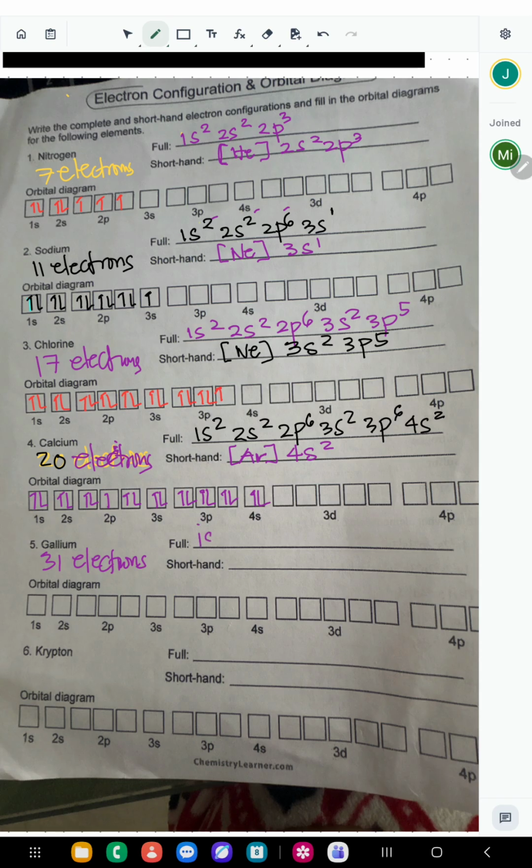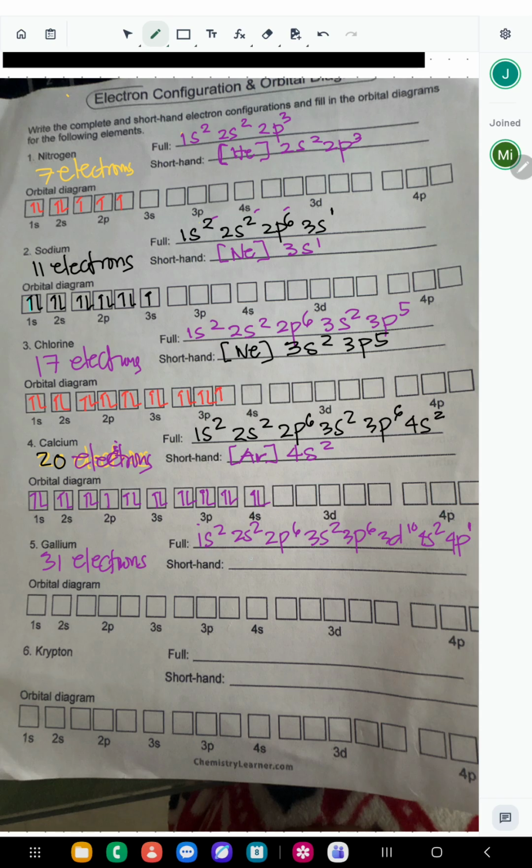So that is 1s2, 2s2, 2p6, 3s2, 3p6, 4s2, 3d10, 4p, how many there? 10, 18, 28, 29, 30, 4p1.